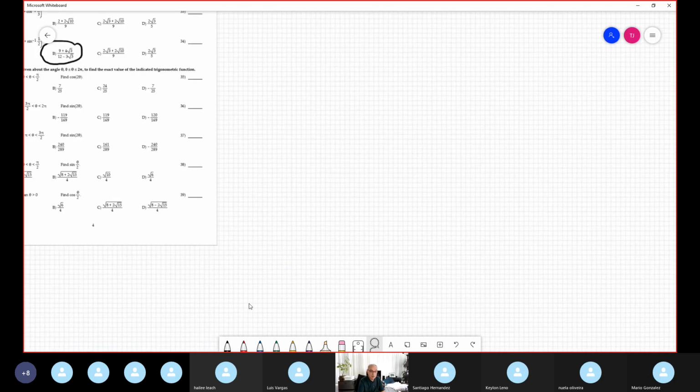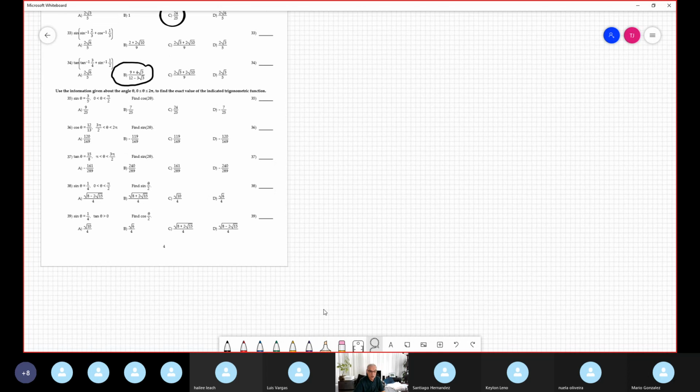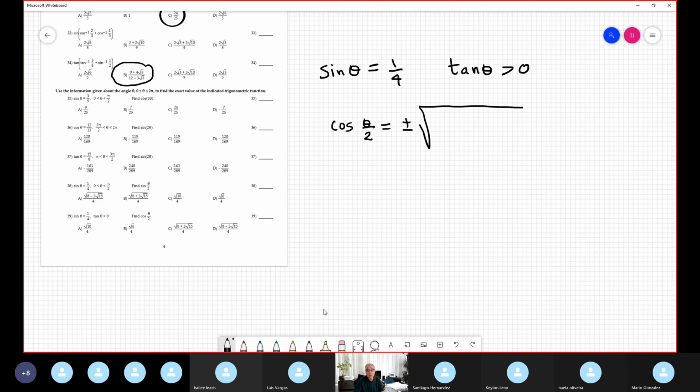Number 39 is given the sine, so we are working using the formula of the half angle. The sine is 1/4. In this case, the information is given as a tangent, the original theta, not the half, is positive. You need to find cosine. The formula is plus or minus square root of 1 plus; that's the only difference, plus or minus.